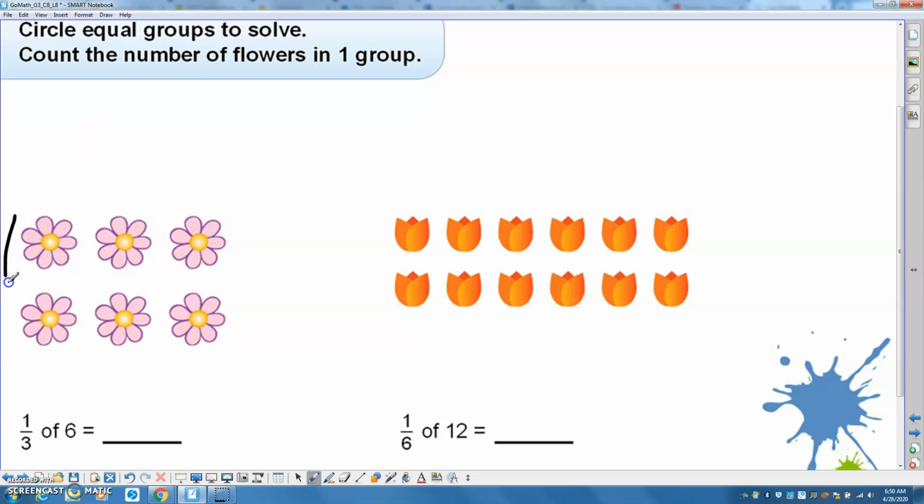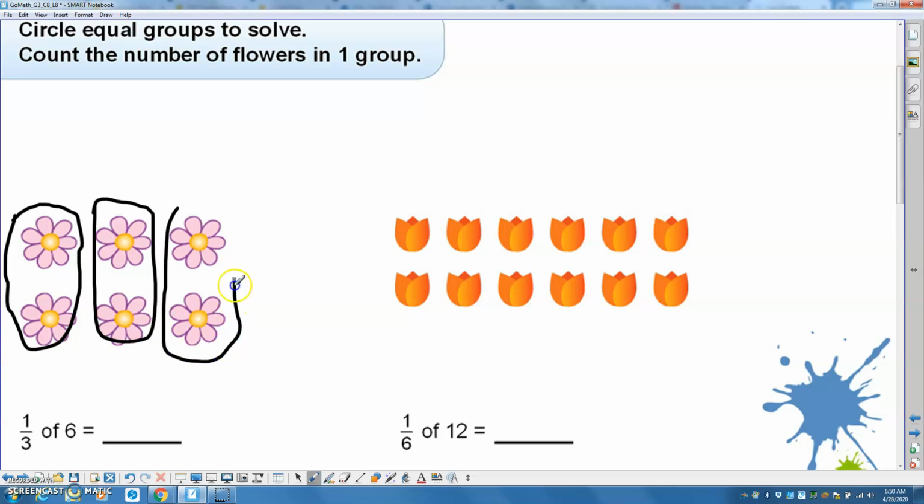Each one of these groups has the same amount of flowers in it, and there are 3 groups. How many are in 1/3? One of those groups. I can see that there are 2. So 1/3 of 6 would be 2.